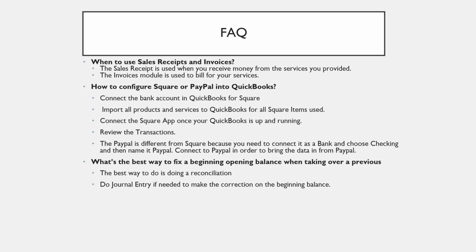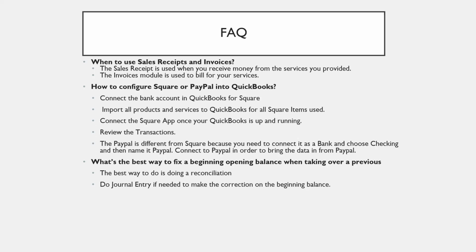So there's always a transfer, but it connects with the invoices or payments that you receive from the clients. So it's similar to Square, but slightly different. Those are the differences. That's why we put those in there, because those are very common apps that are used with QuickBooks.